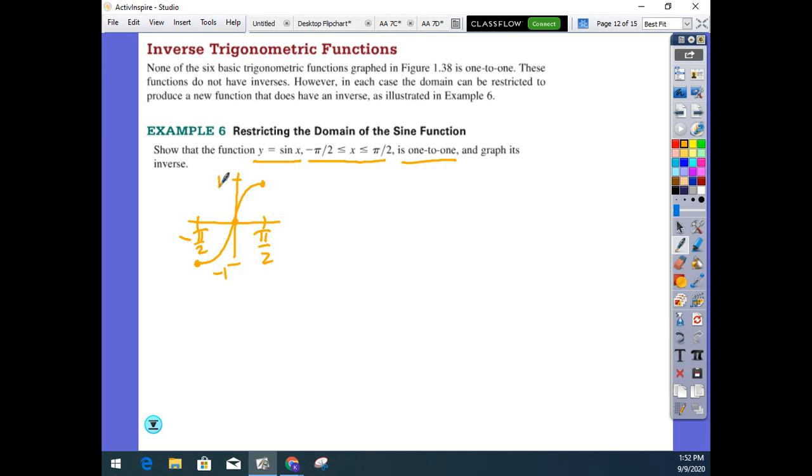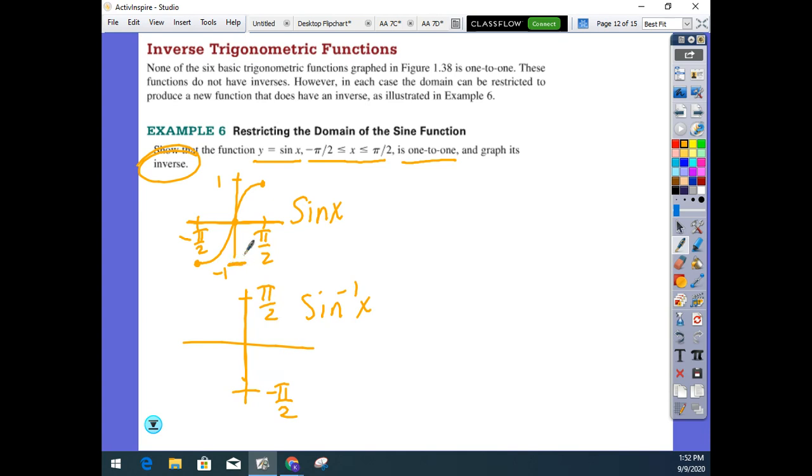If we switch x and y for inverses, guess what we're going to do? The x-axis now becomes the y-axis. So on the y, we have negative pi over 2 to pi over 2.